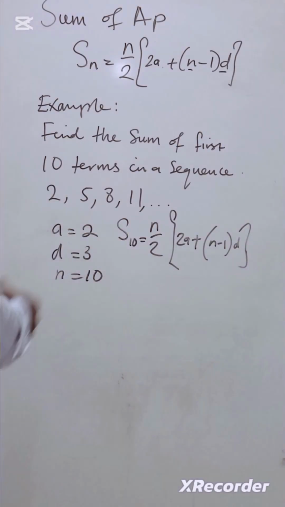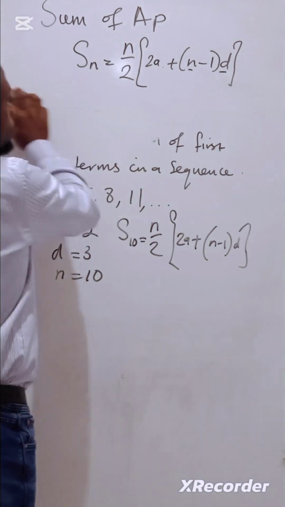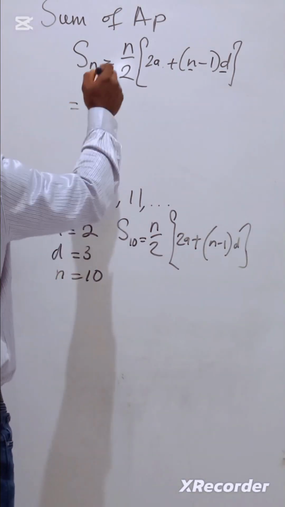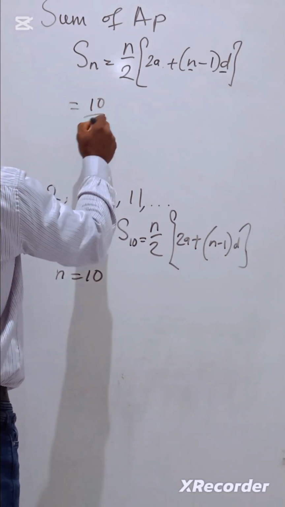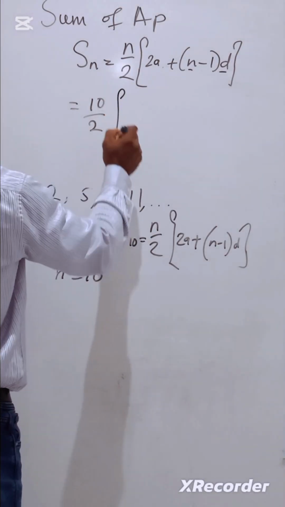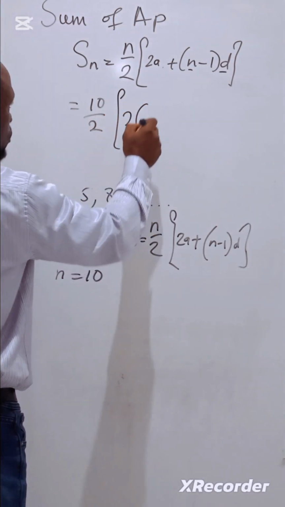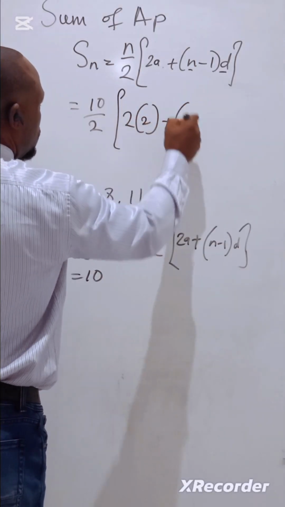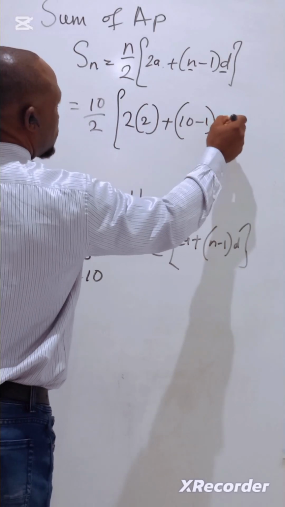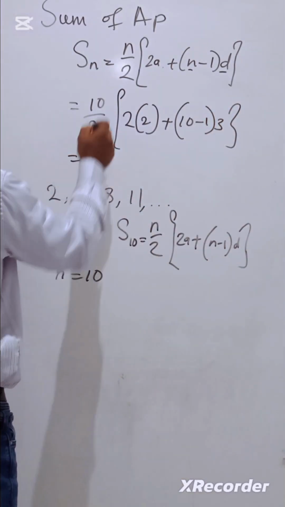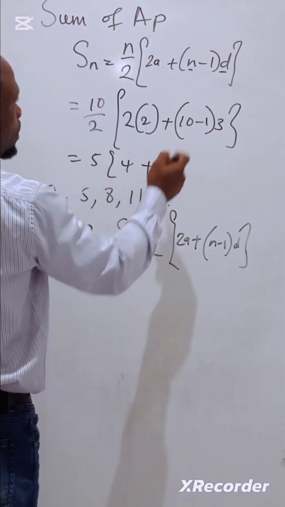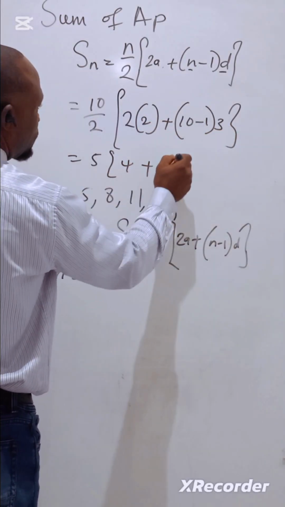So if we substitute values into that equation, n is 10 over 2 multiplied by 2 times 2 plus (10 minus 1) multiplied by 3. This is the same thing as 5, 4 plus 9 times 3 is 27.